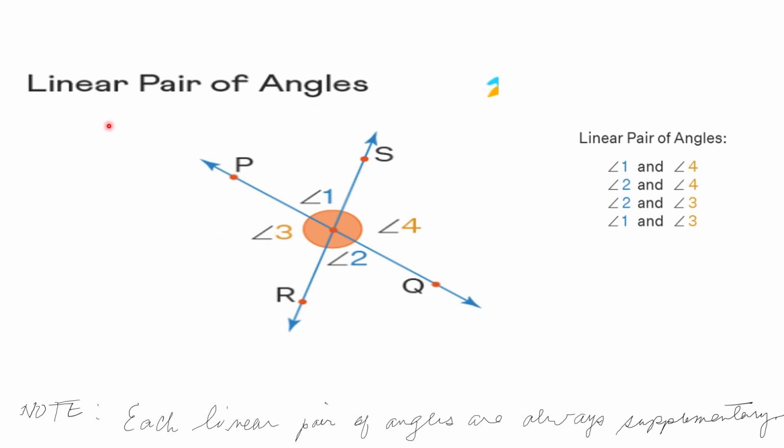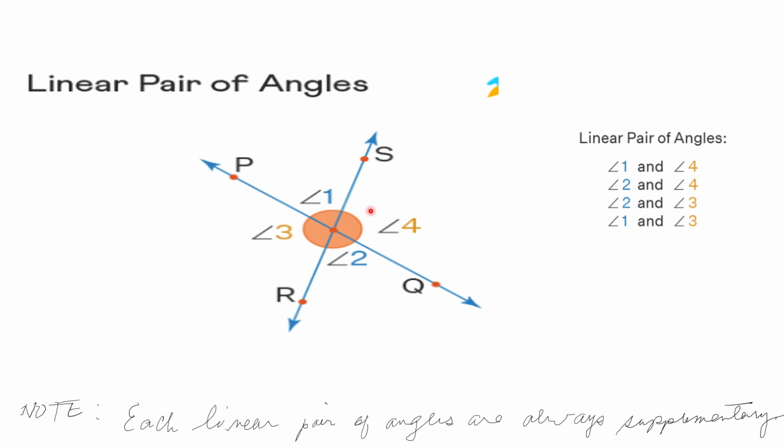Another example of linear pair of angles. It was said that these angles are formed by intersecting lines also. So in this example, we have four linear pairs of angles. We have 1 and 4, 2 and 4, 2 and 3, and 1 and 3.